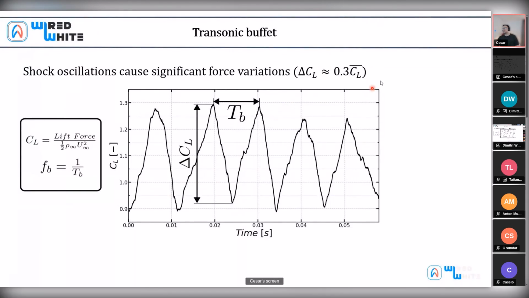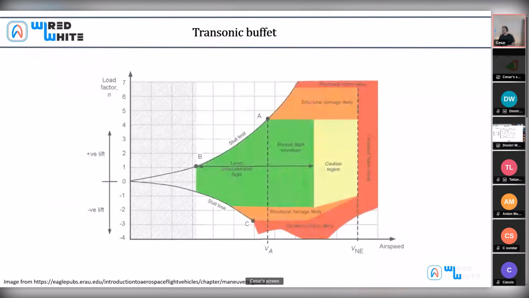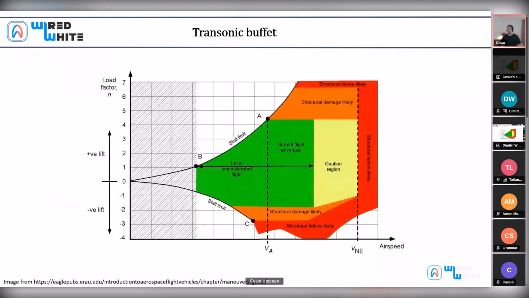In this case, it's around 30% of the median value, which is a very high value, and therefore this causes very strong and very undesired vibrations that force the aircraft manufacturers to limit the flight regimes of the aircraft.